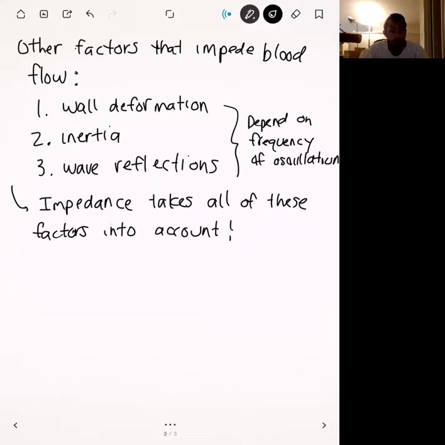I'll admit, when I first learned circuits, it wasn't made clear to me that inductors and capacitors can actually impede electrical current, but the way they do it is not exactly the same as the way resistors do it. Here it's exactly the same thing. Wall deformation, inertia, wave reflections can all impede blood flow, but the way they do it is different than just viscous resistance.